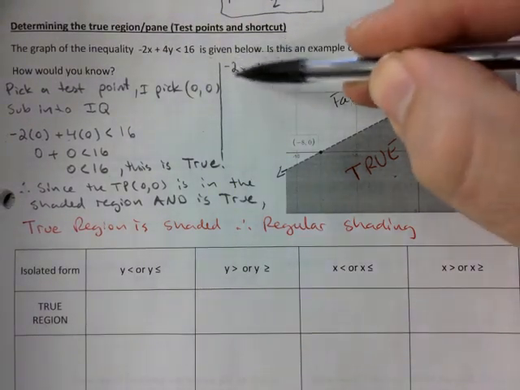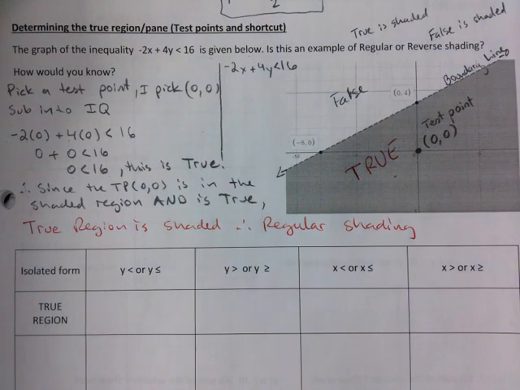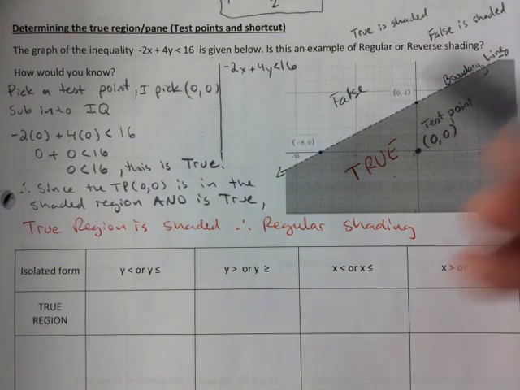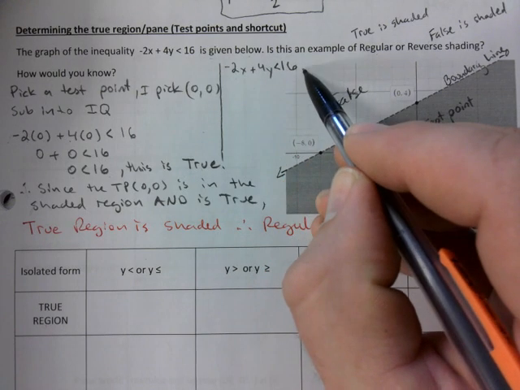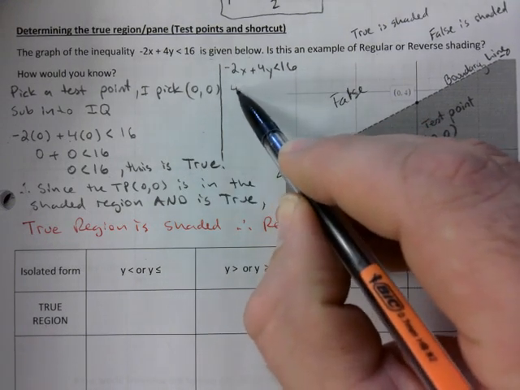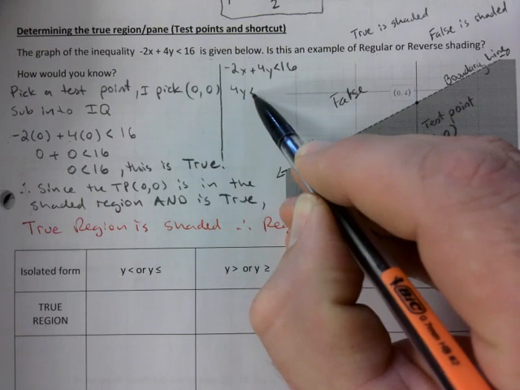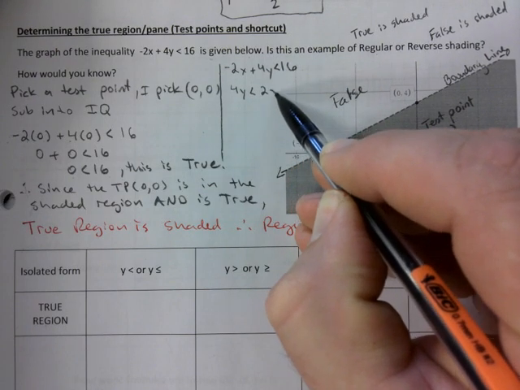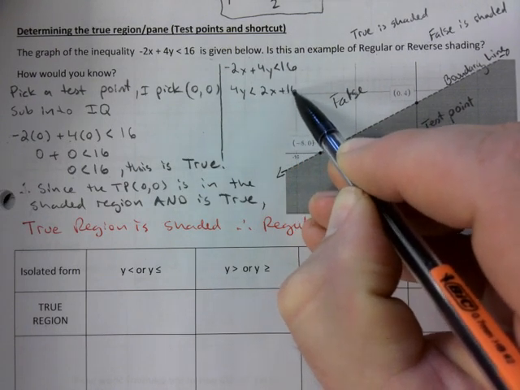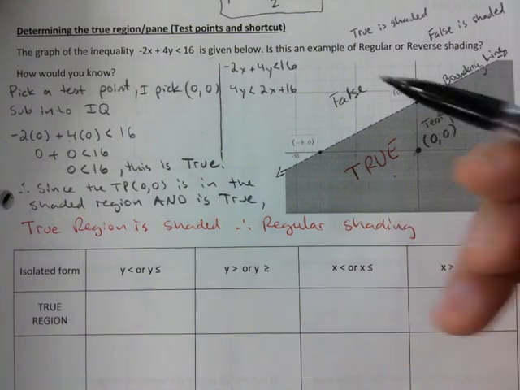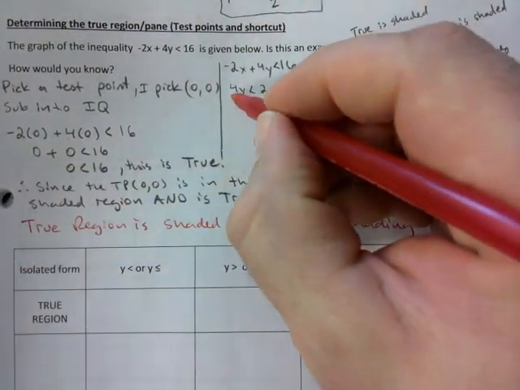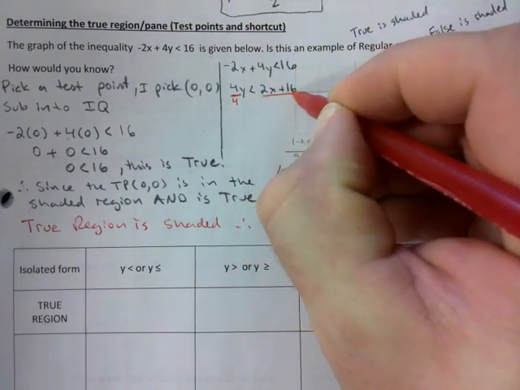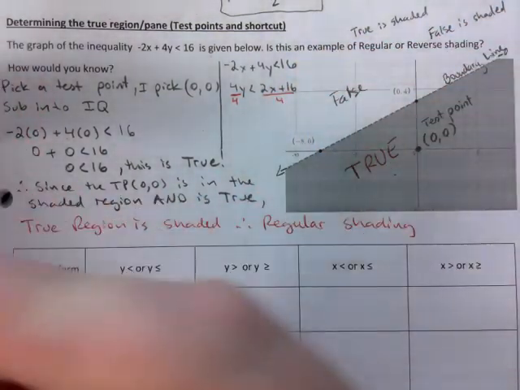So when you have this, we're gonna have to rewrite. That's why I asked you to practice that. So you bring the -2x over to this side. So it's 4y is less than 2x plus 16. We're gonna have to divide by 4, right? That's your Spanish number of the day.